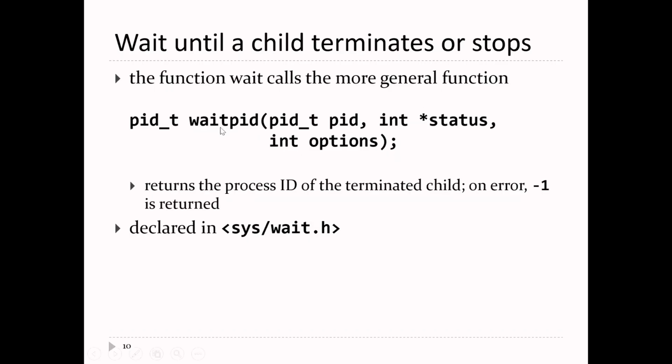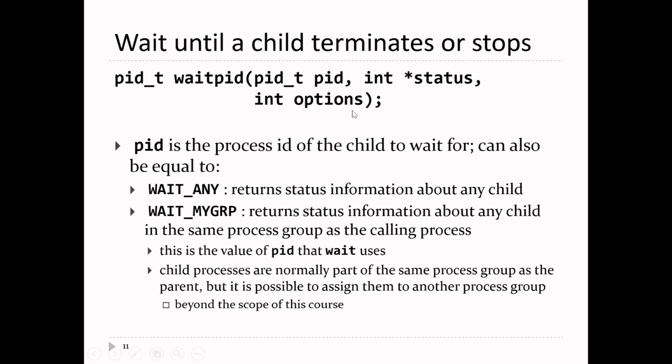So wait actually calls a different function. Wait calls the function waitpid, and waitpid returns the process ID of a terminated child. Do I tell you what the inputs are? Yeah, here we go. For this version of wait, you pass in the child that you want to wait on, so that's the ID of the child that you want to wait for. You have some options here.